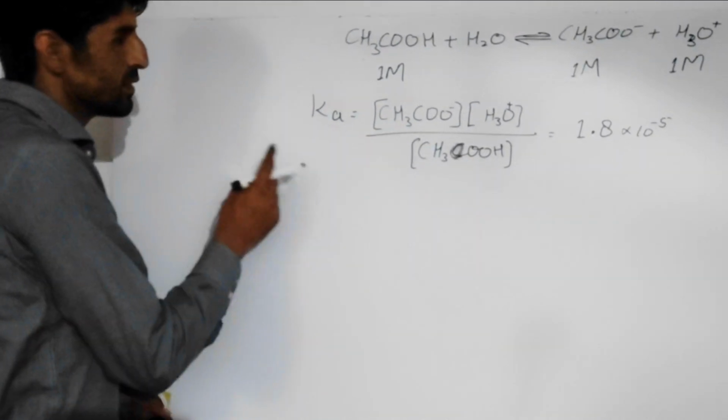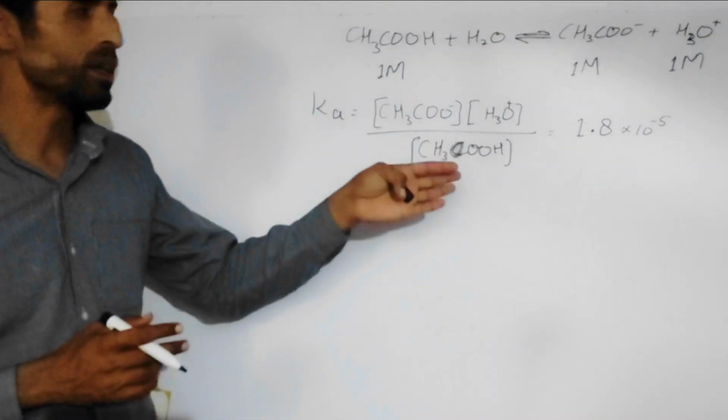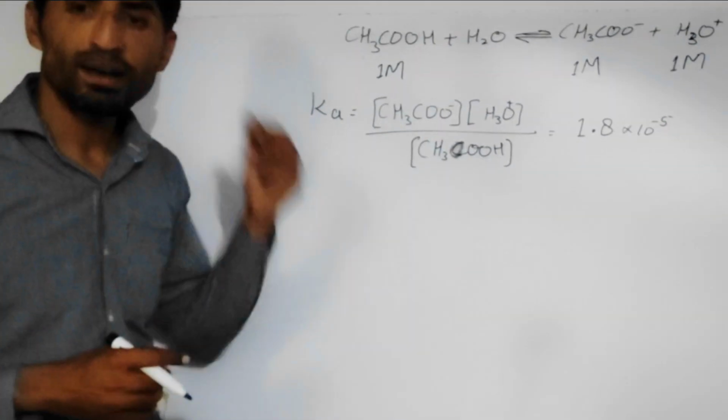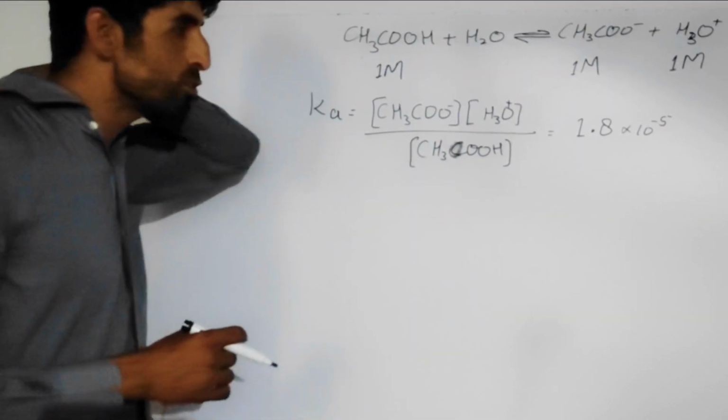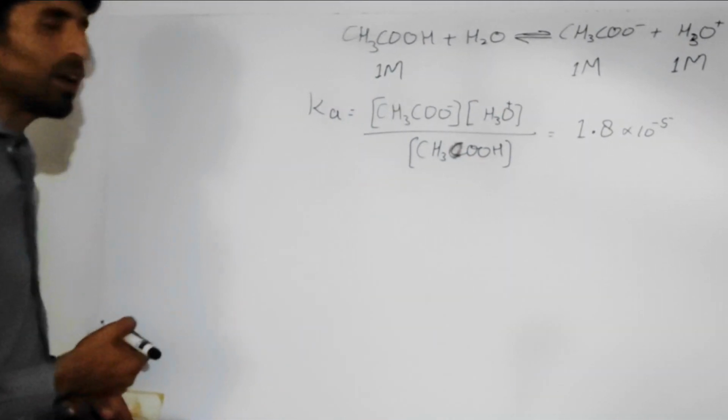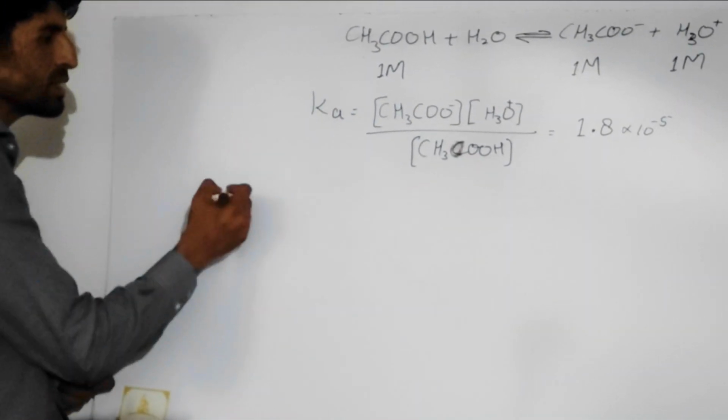After that, in order to find the pH of the solution, first we have to find the value of hydrogen ions. To calculate it, let us rearrange the equation.